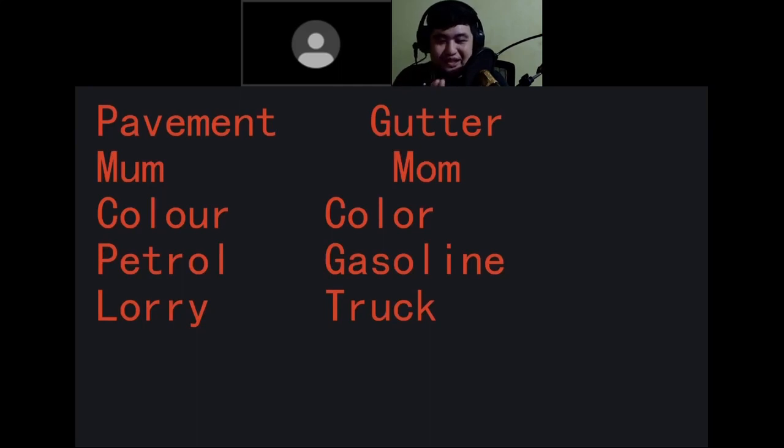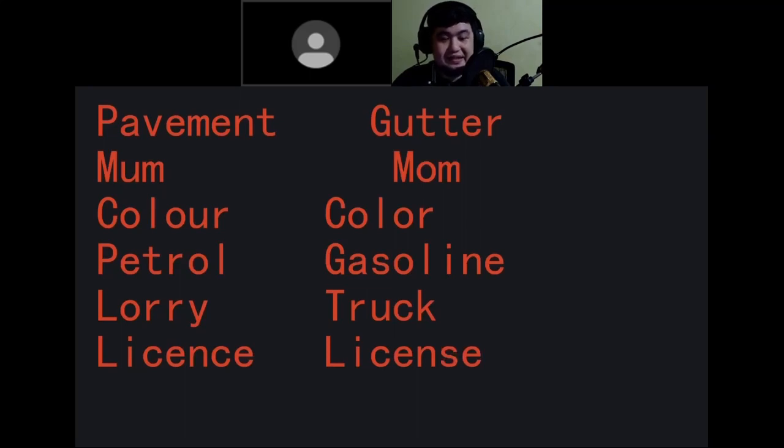It's a vehicle. Certain words, for example, this one here, licence. The British write it with a C. In American, I use it like this, license.